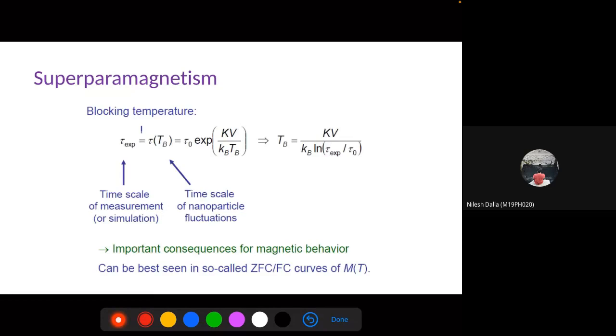This is because of the time scale of fluctuation. This tau depends on the experimental time scale. Whether the system is in a blocked state or an unblocked state depends on my measurement time.